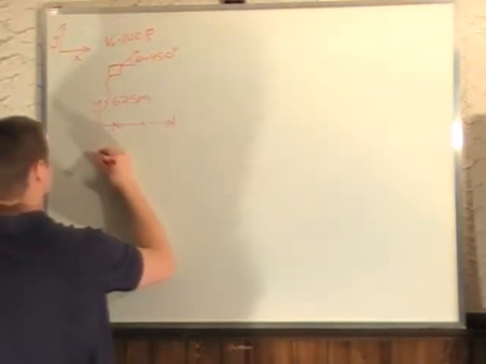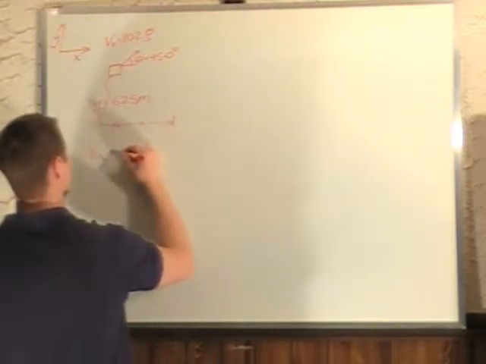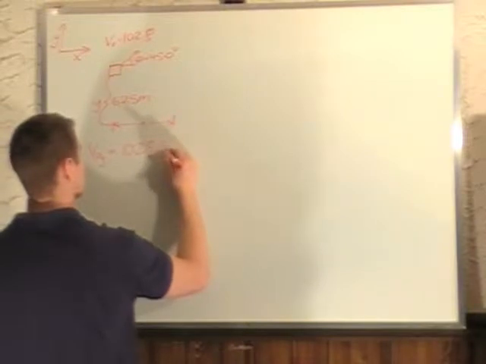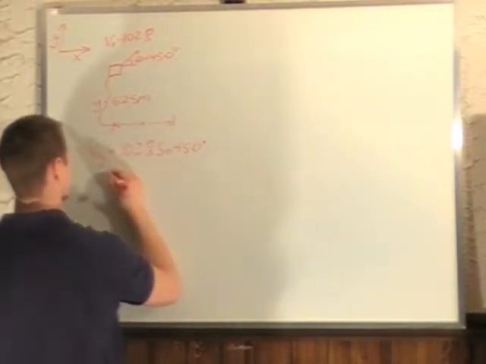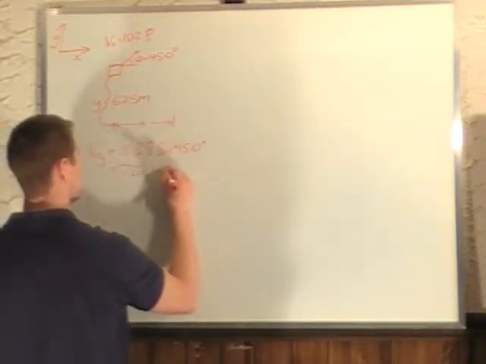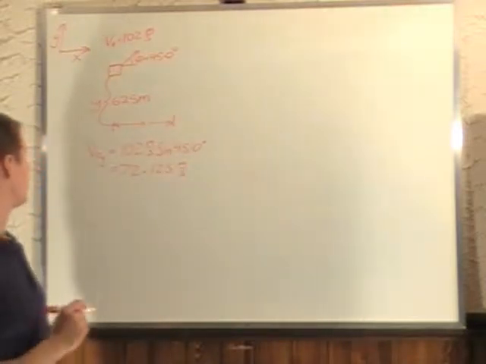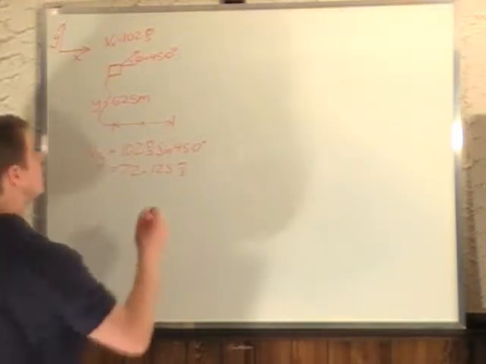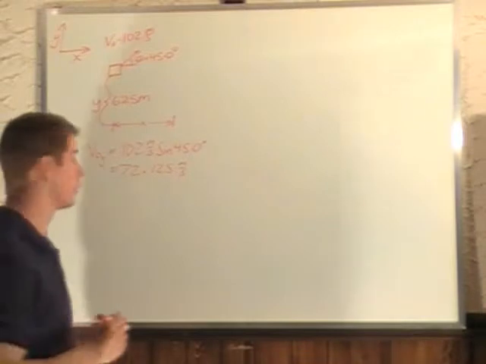So v naught y is going to be 102 meters per second times sine 45.0 degrees, which equals 72.125 meters per second. Now the x component should work out to be the same, just because sine and cos of 45 have to be the exact same thing.